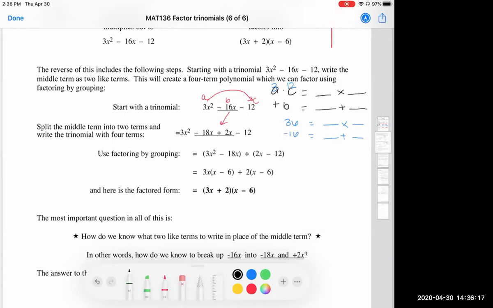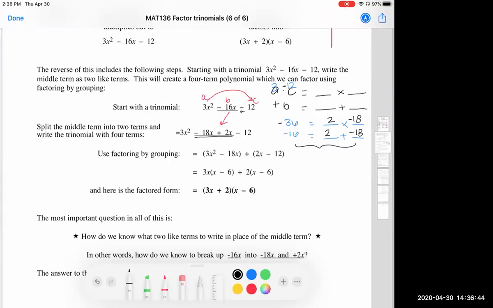Well, we saw a combination before, right? 2 and 18 give me 36. Oh, that's a negative right there. So 3 times negative 12, that should have been negative 36. 2 and 18 give me 36, but if I use 2 and negative 18, I get negative 16, just like I wanted, right? And that's how we get these two numbers here.